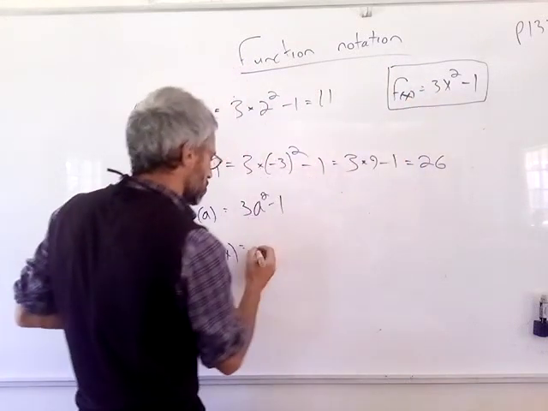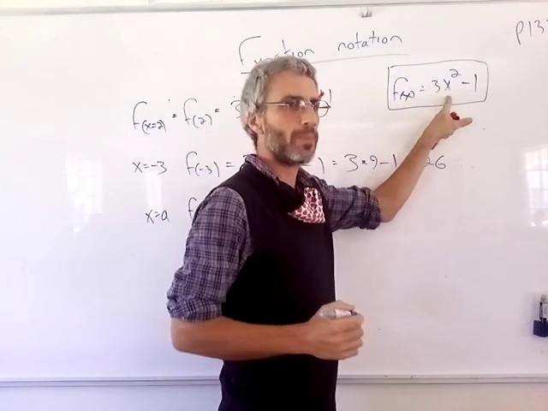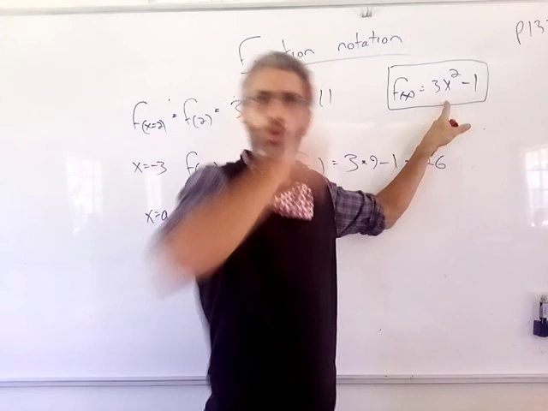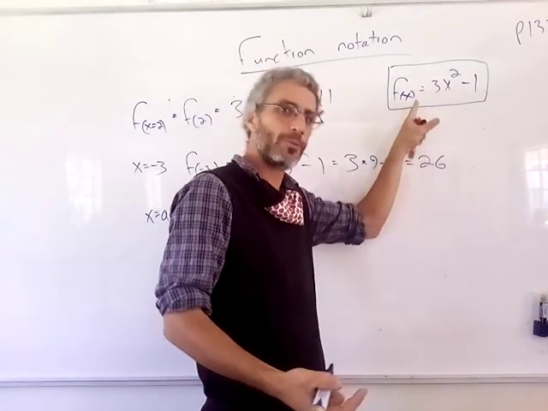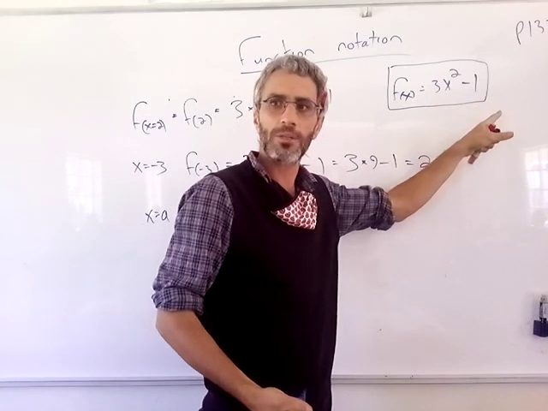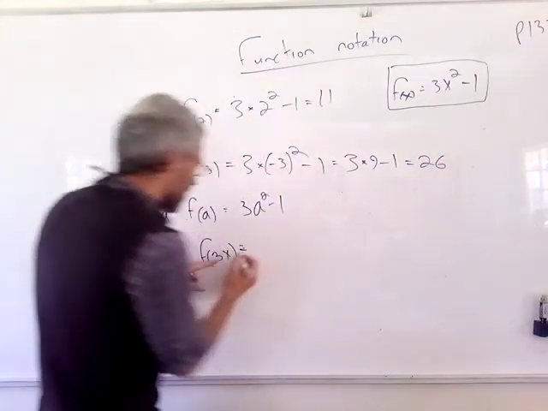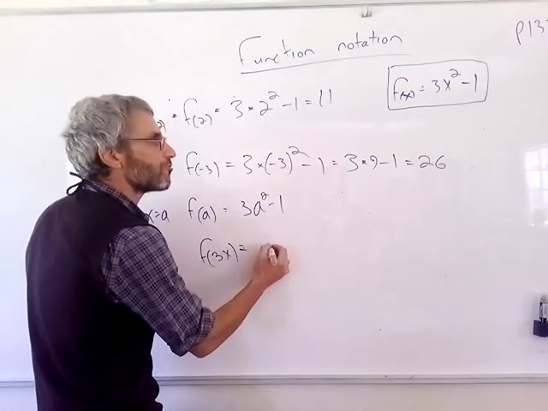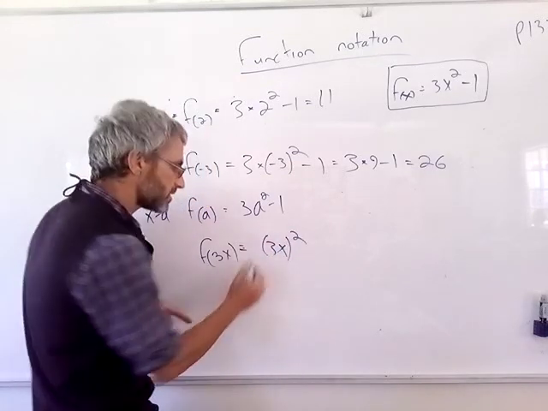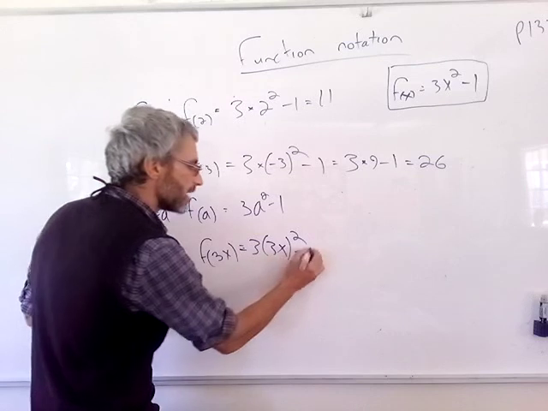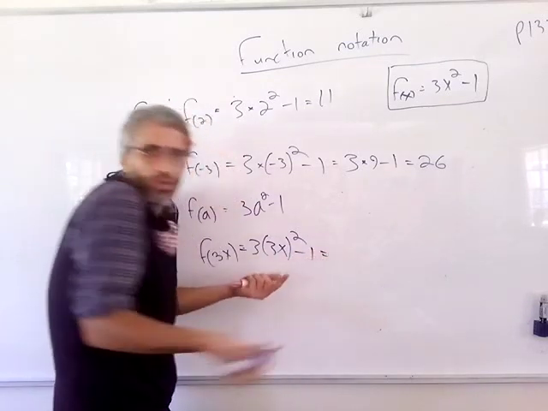What does this machine tell us? Take a number, whatever number you have, square it, because we're doing BODMAS, right? We're starting with squaring, then times it by 3, and then minus 1. So if I have 3x, what do I need to do to that 3x? Put it in brackets, then square it, then times it by 3 and minus 1. And then we just use normal simple algebra.